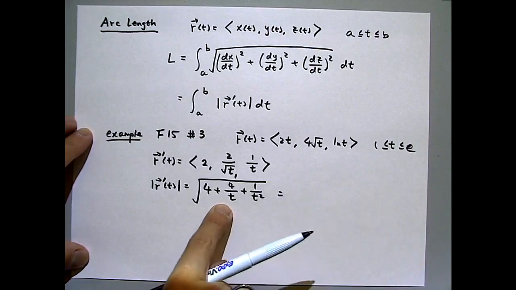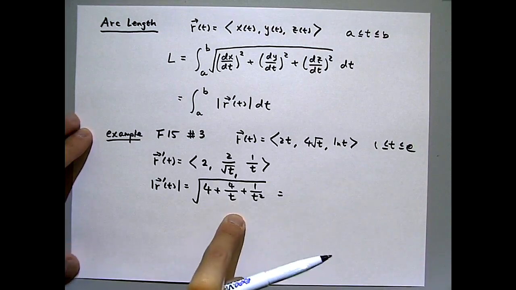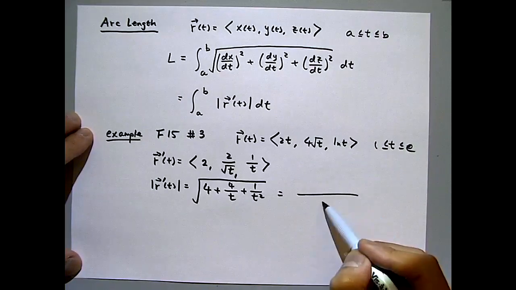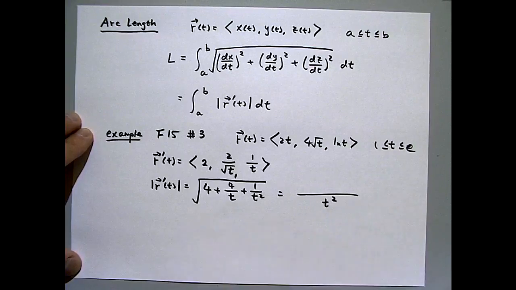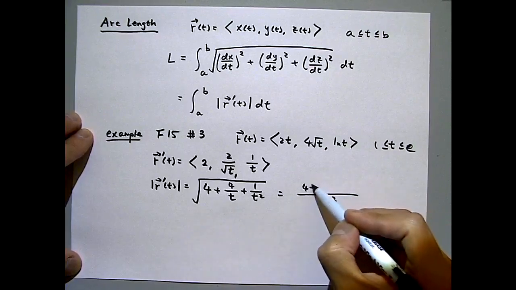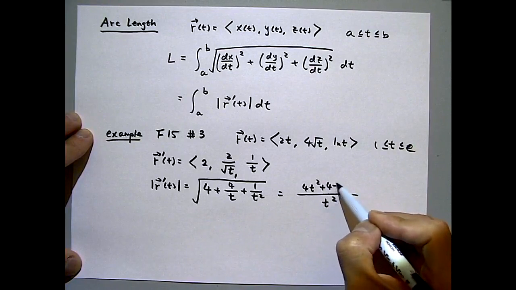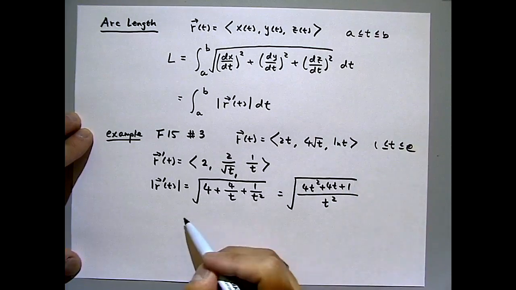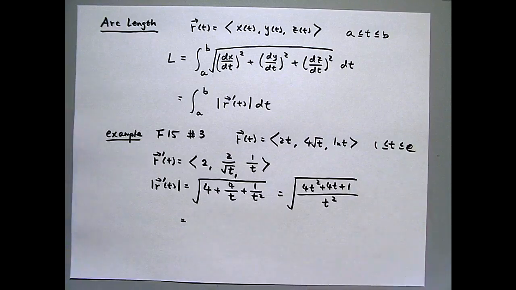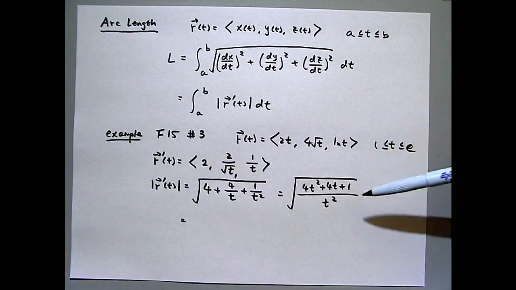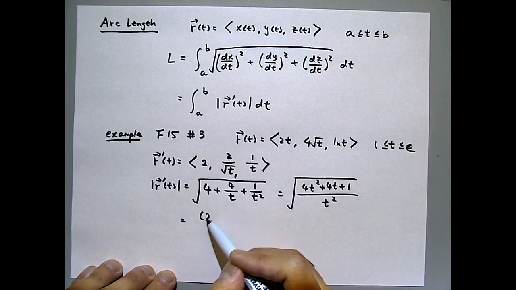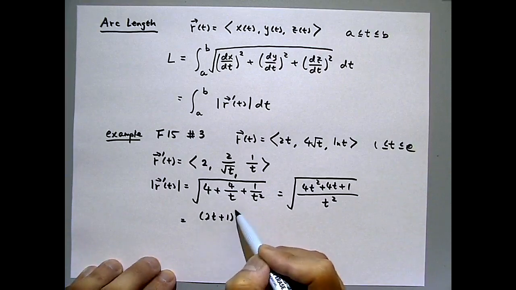And we'll eventually have to integrate this thing. So let's do something about this, make it simpler before we do the integration. Let's put all of these guys over t squared. The top here just so happens to be a perfect square, 2t plus 1, the quantity squared.